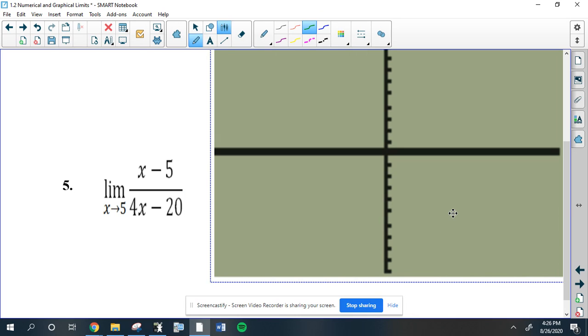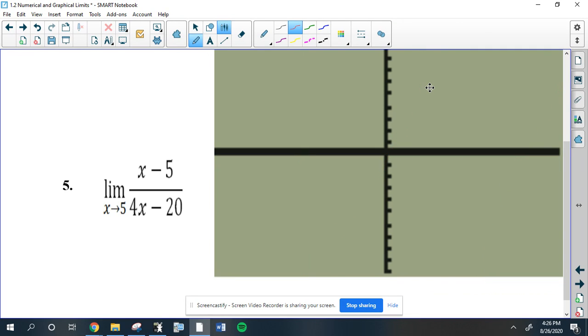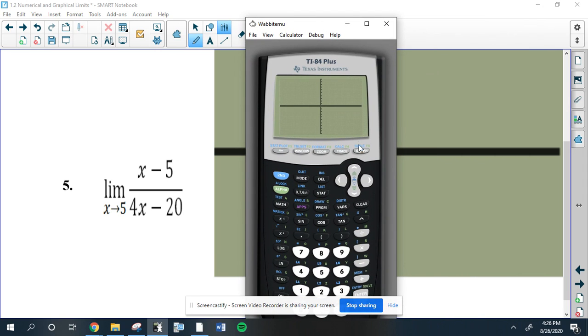So we're going to discuss two quick things here. Number one, there's obviously not a vertical asymptote, because a vertical asymptote means a function increases without bound or decreases without bound. Number two, it just looks like a straight line. What I would do here is zoom in towards 5 because it's hard to see.